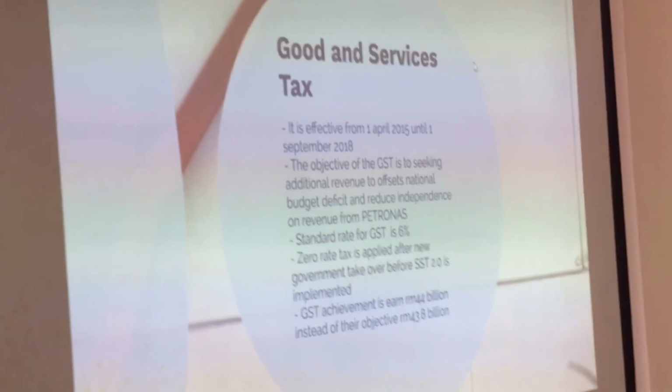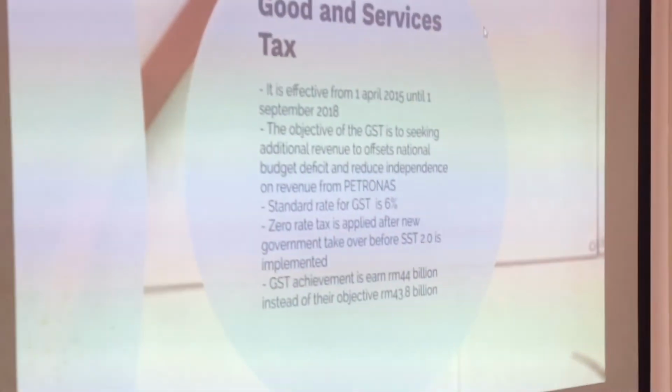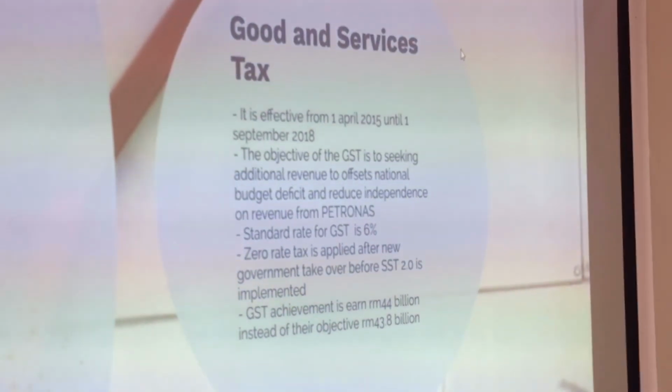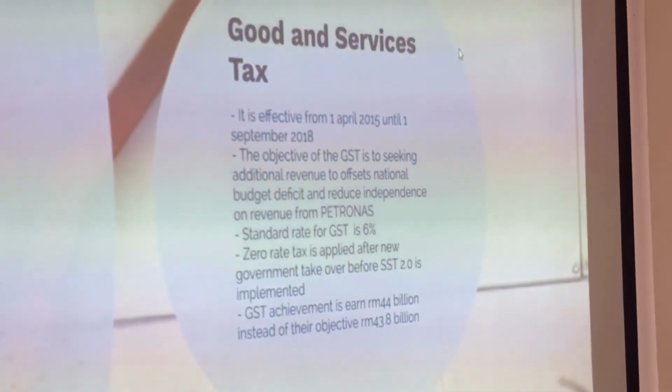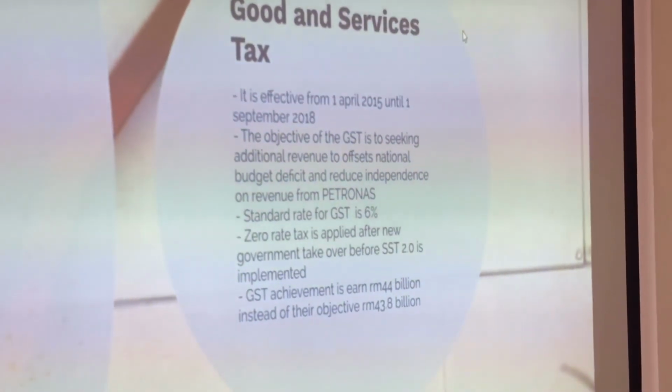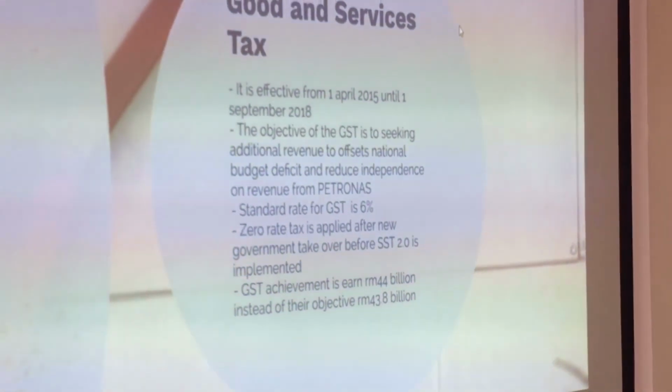The next taxation system is Goods and Service Tax, effective from 1 April 2015 until 1 September 2018. The objective of GST is to seek additional revenue to offset the national budget deficit and reduce dependence on revenue from Petronas.